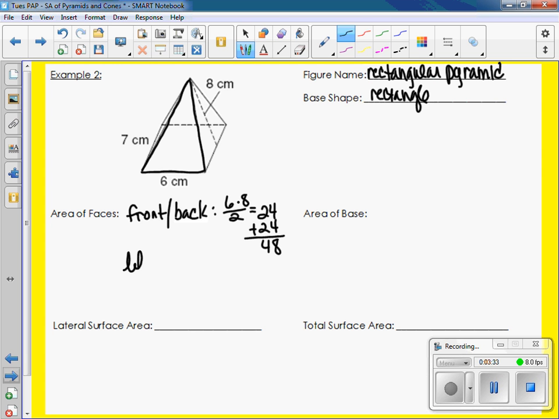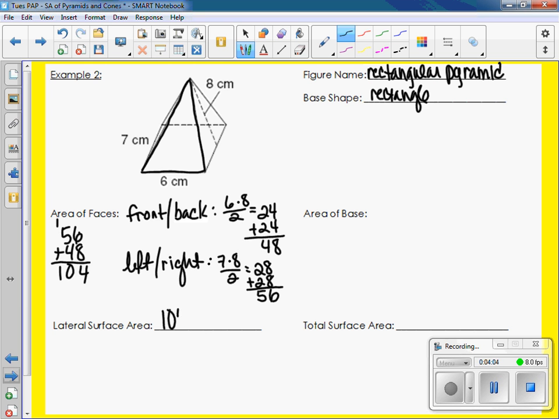You can do the left and the right by doing 7 times 8 divided by 2. So that's 56 divided by 2. That's going to be 28. But there are 2 of them. So we get 56. So the total lateral surface area would be 56 plus 48, which is 104.